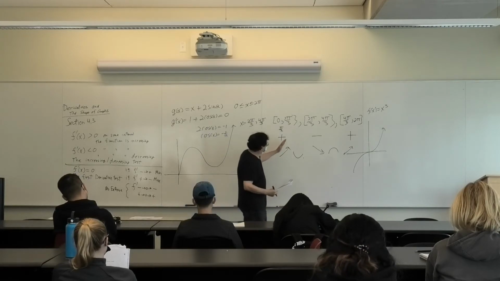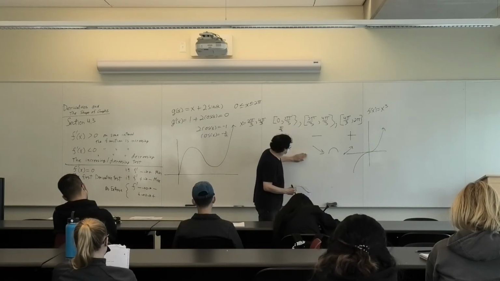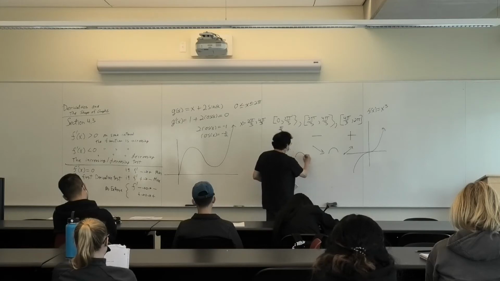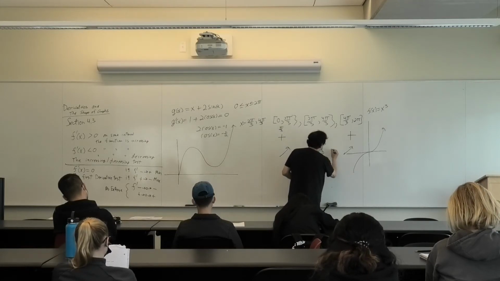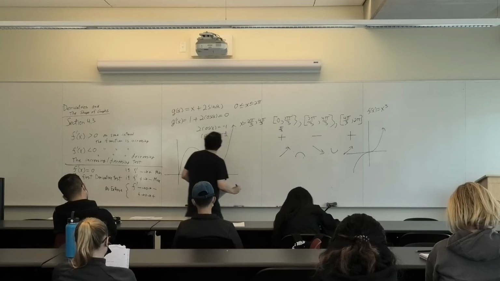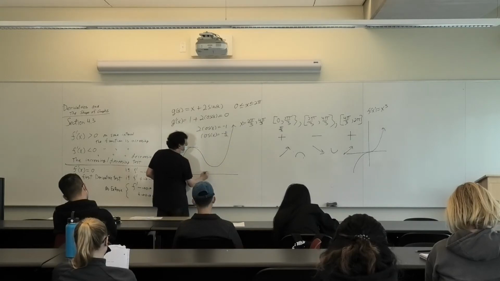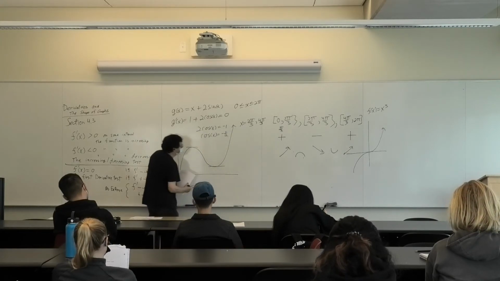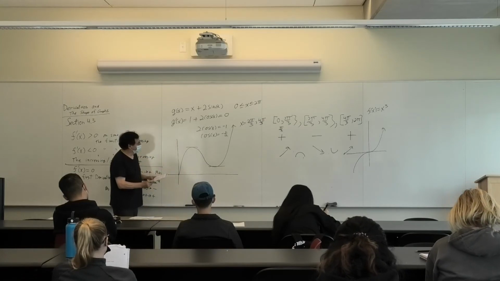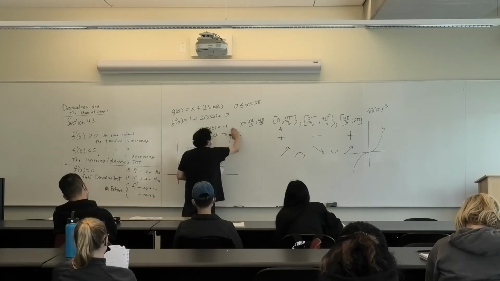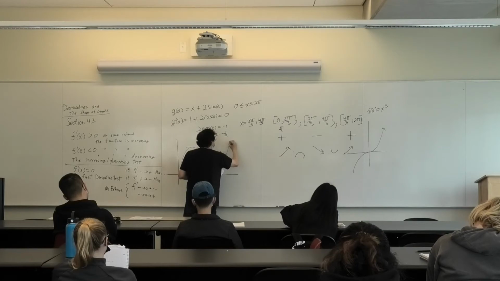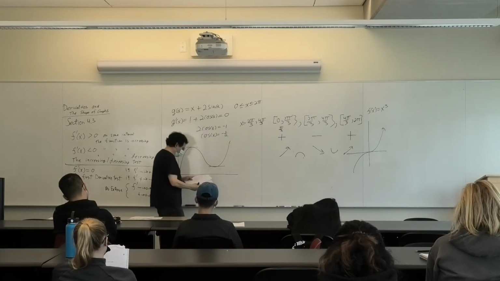Oh, positive to negative, I'm sorry. I have the test wrong. It's going to be a maximum here and a minimum here. So here's my maximum and here's my minimum. This is going to oscillate.